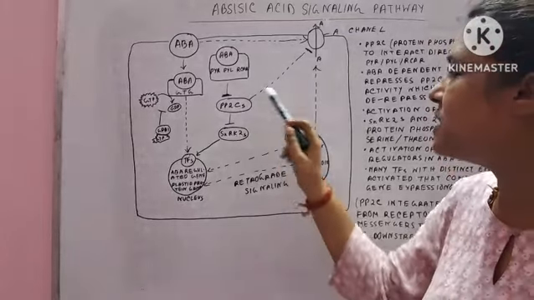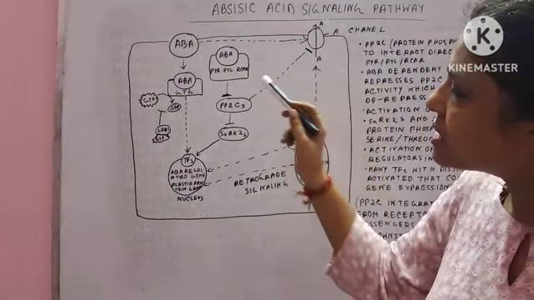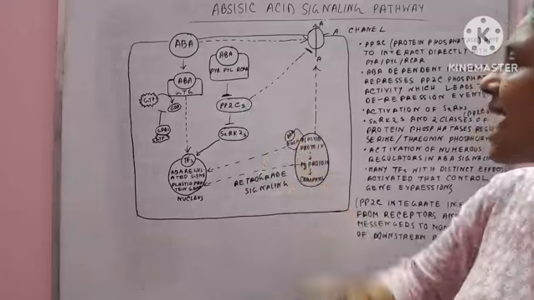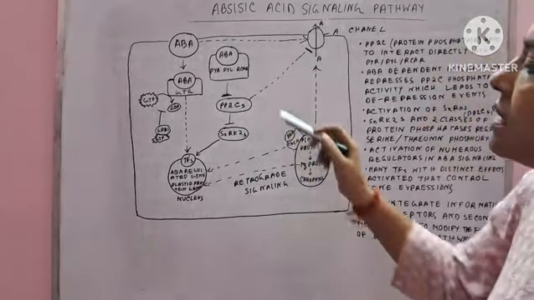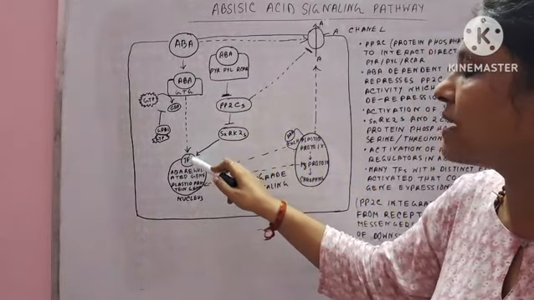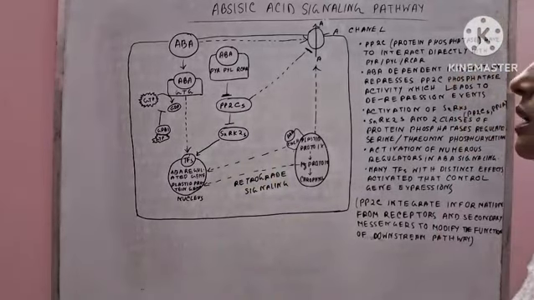By stopping this phosphatase activity, what is happening? The SnRK2 activity rises, and that is why the TFs, the transcription factors, become induced for the signaling pathway to continue.